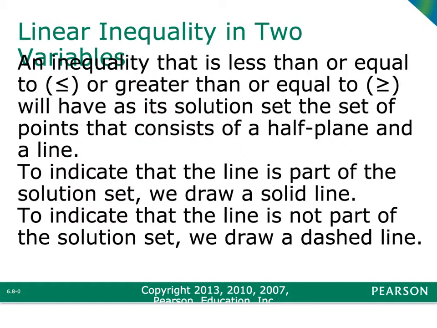If you use the inequality symbol less than or equal to or greater than or equal to, then your solution will be the half plane that you have shaded. It will also include the solid line as part of the solution set. So, for example, if you graph your solution, you will graph the line. If you use an inequality with an equal to underneath it, your line will be a solid line. And then you will shade on one side of the line.